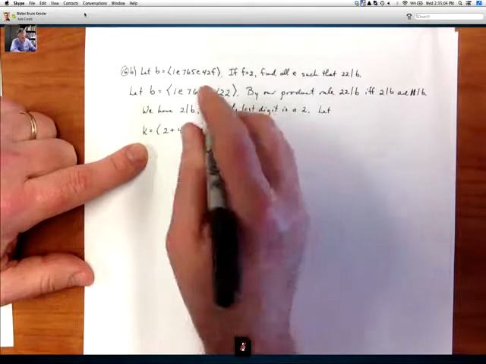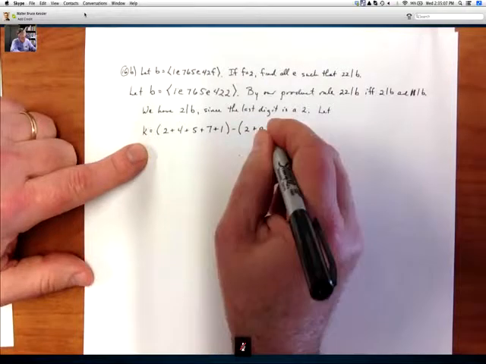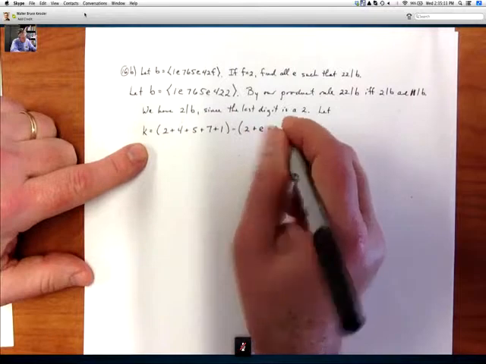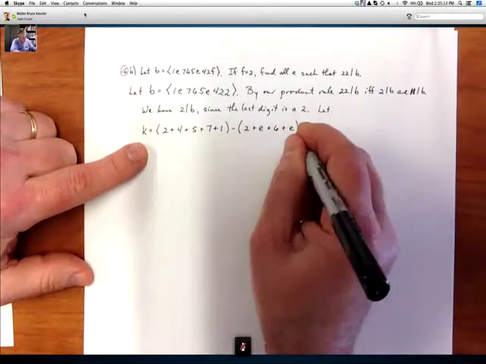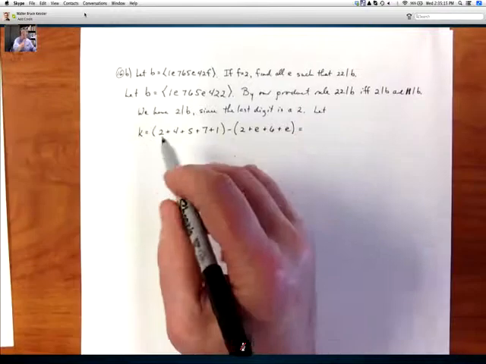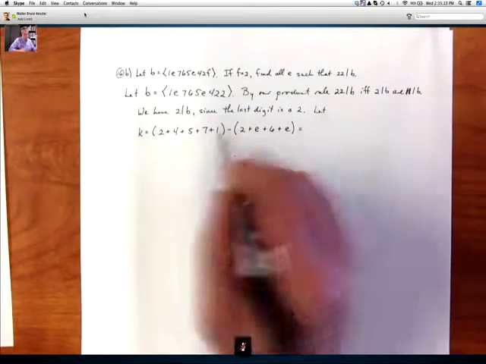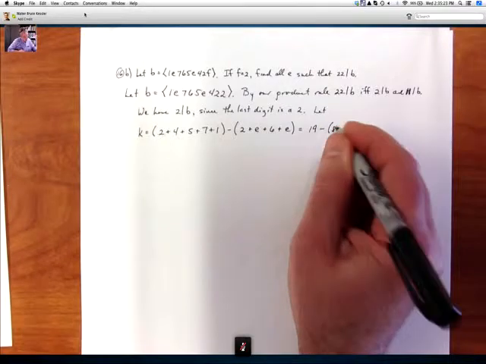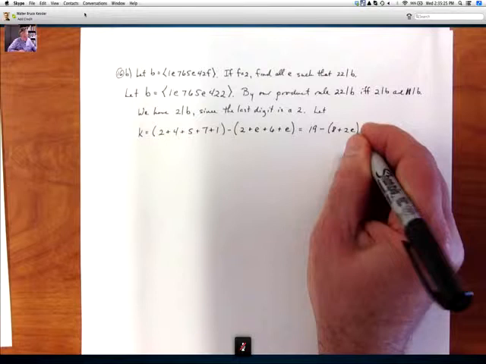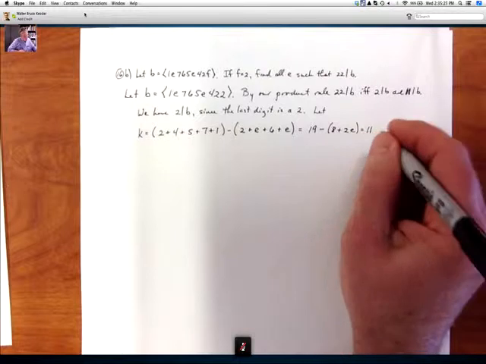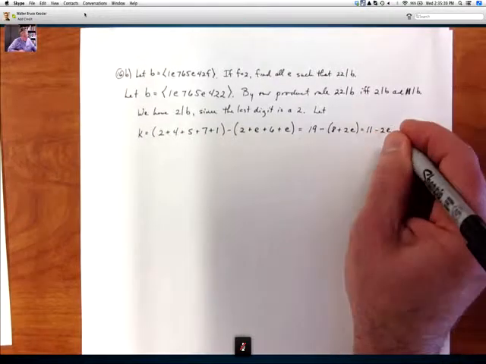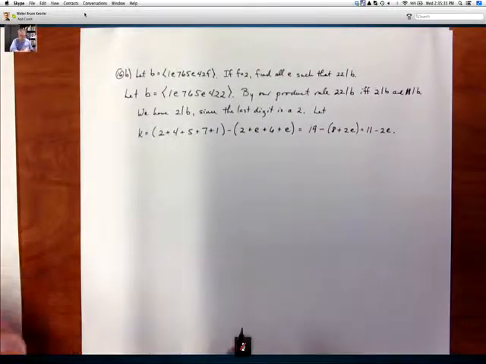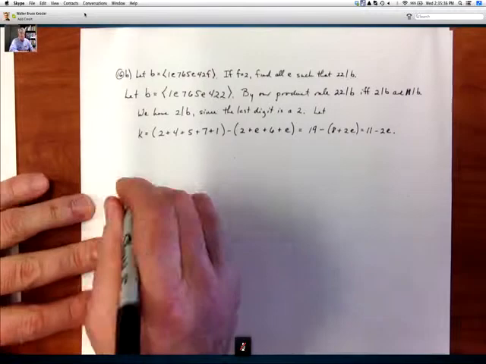Okay, minus, and now 2 plus E plus 6 plus E. So we'll get here 6 and 5 is 11, 18, 19. Minus, and then I've got 8 plus 2E. So this is 11 minus 2E. Okay?